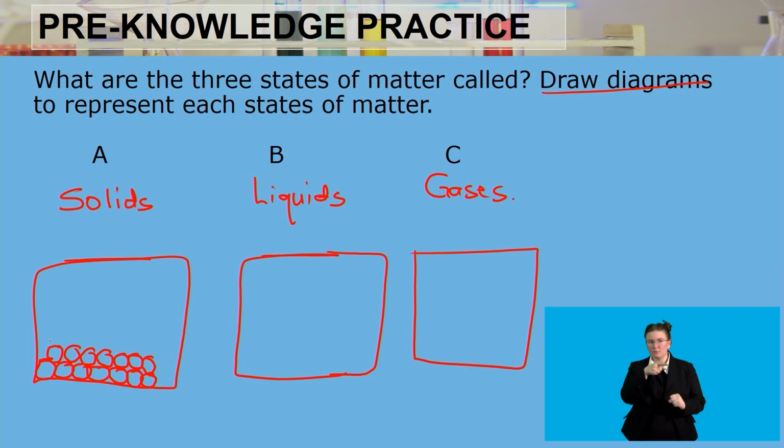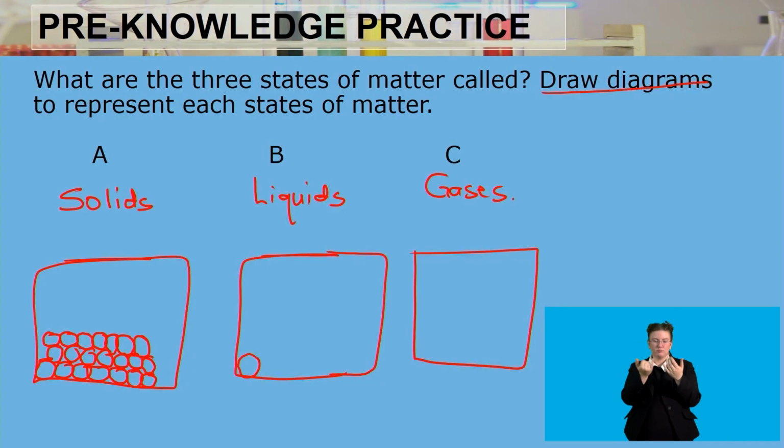The solid particles vibrate around a point. They are not moving around, they simply vibrate. So our solid has rigid particles that are vibrating and have little spaces between them.